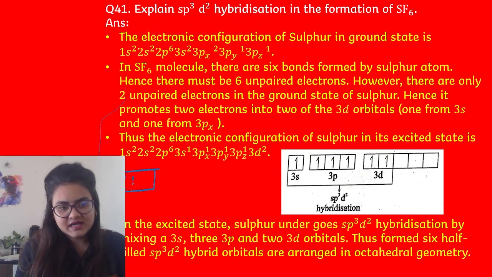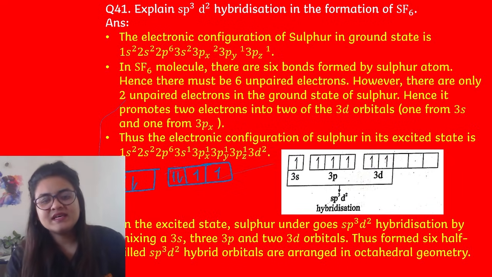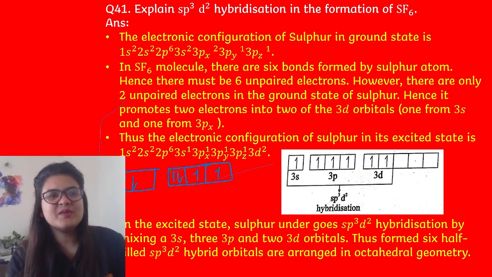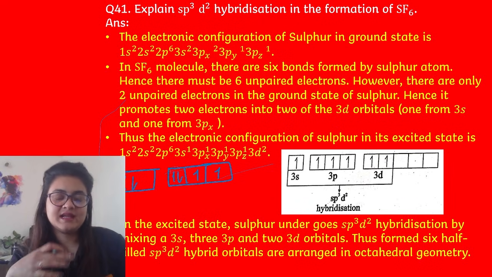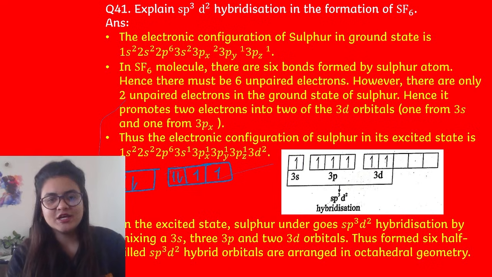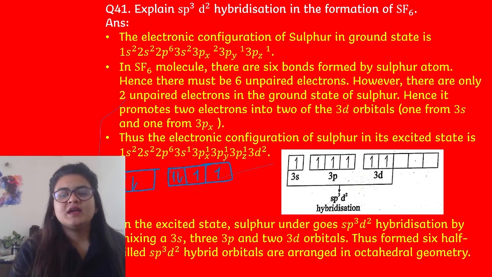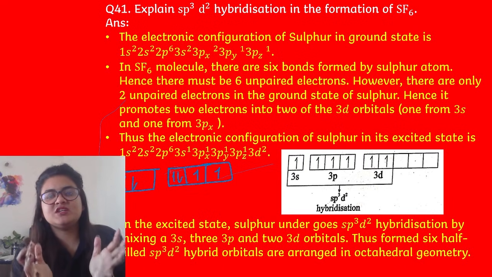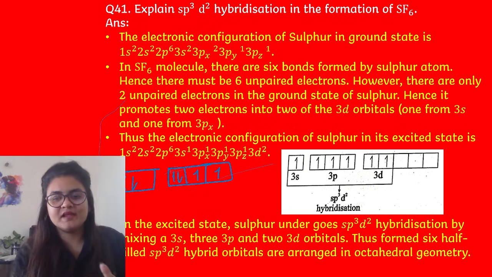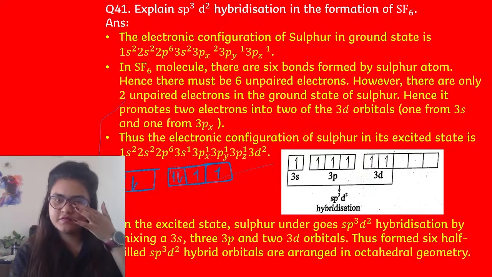So in 3s I had 2 electrons, in 3p I had like this. From 3s and 3p, these paired electrons get unpaired and are sent to the 3d orbital so that they can accommodate the 6 fluorine atoms. Now the 6 unpaired electrons make the sp3d2 hybridization and accommodate 6 fluorine atoms.